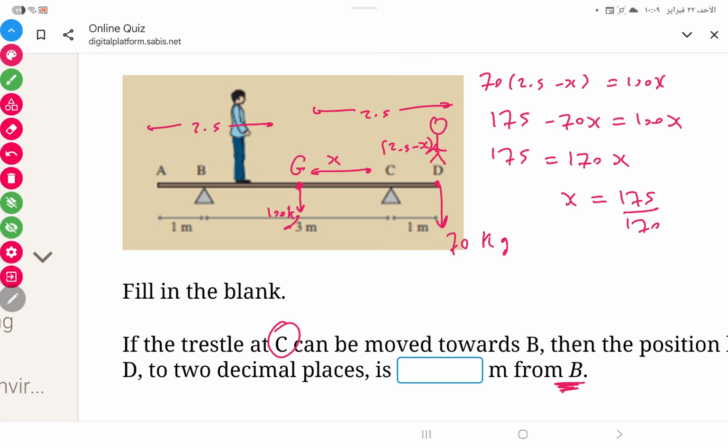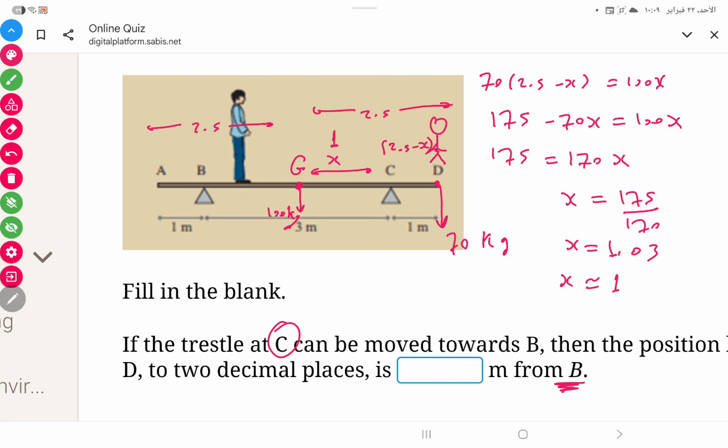Now 175 divided by 170, it would be 1.02 or 1.03. So x is equal to 1.03, which is almost 1. So this distance here, x, now we have it, it's 1.